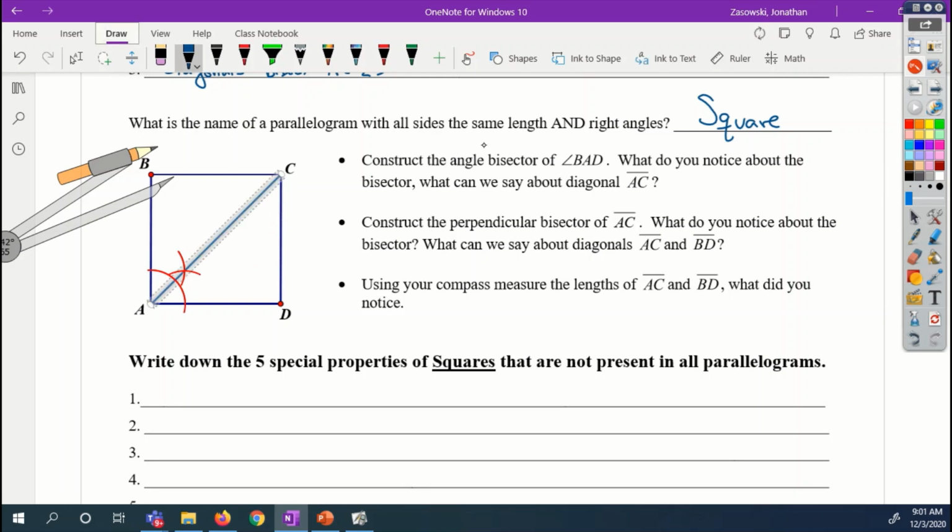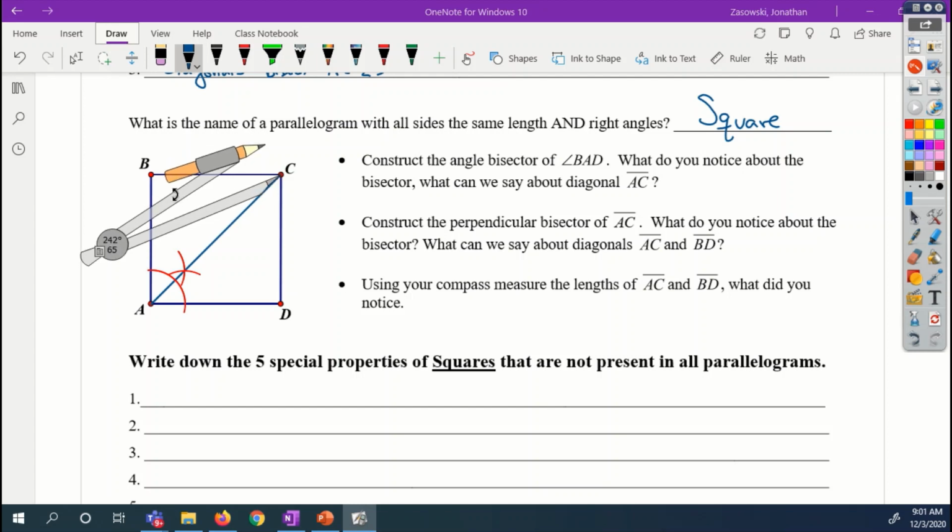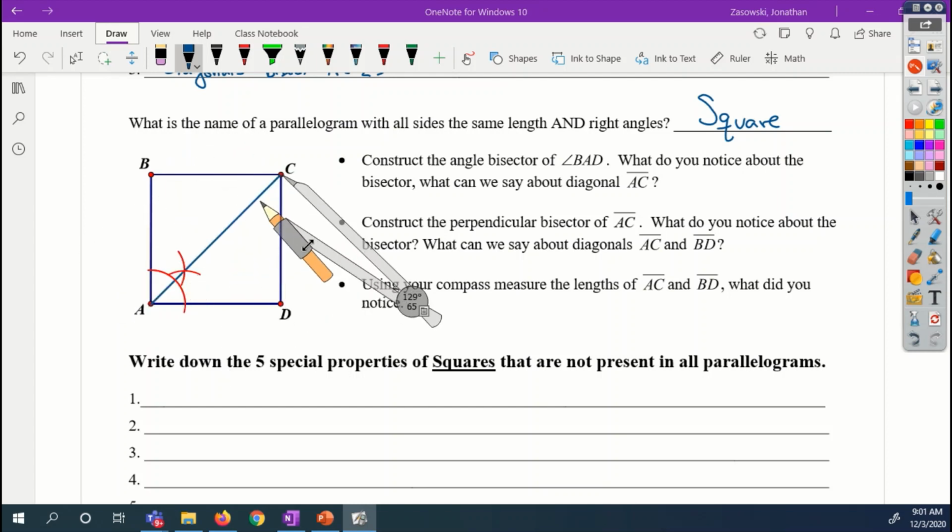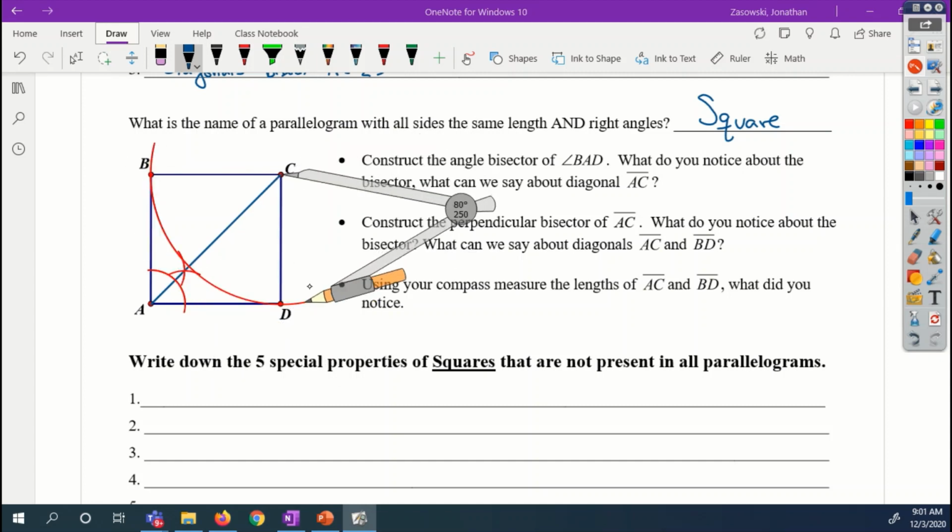Okay. Construct the perpendicular bisector of AC. So we do that same thing we did a second ago. Look at that, just happened to pick perfect length.